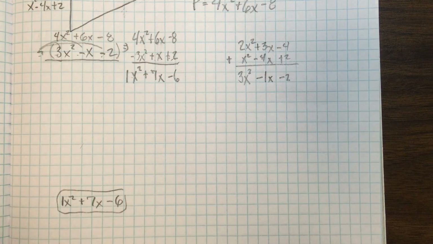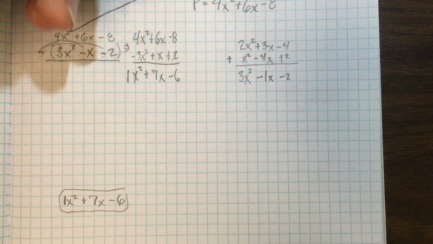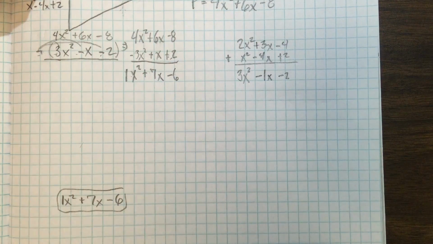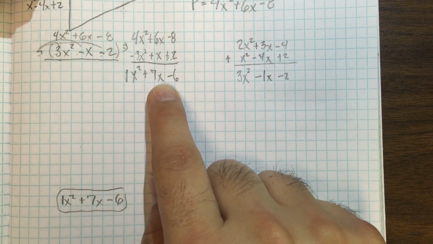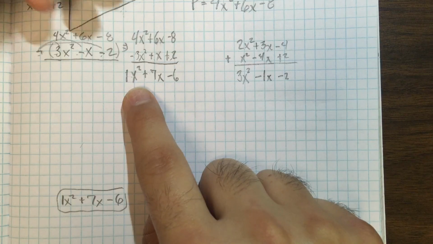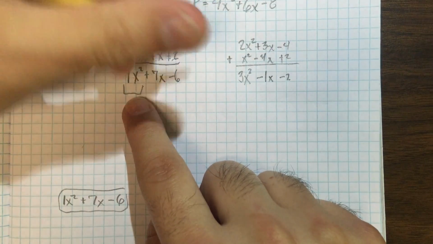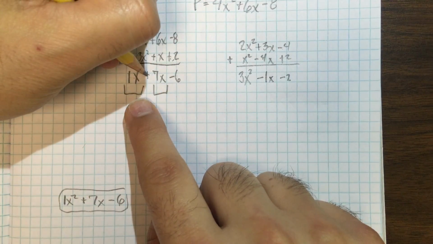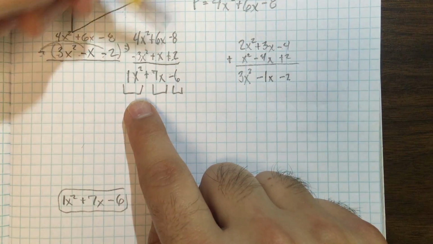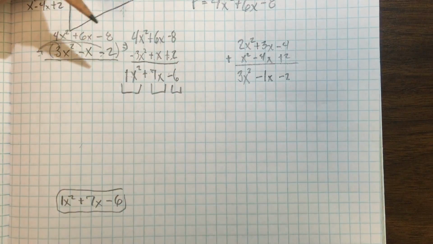The last thing I would like for you to do today is I need you to understand the coefficients and the terms of each one of these pieces. So there is an anchor chart on the board that explains what I'm about to do. I need you to name. Each term is separated by an addition or subtraction sign, and the coefficient is the number of variables that I have.